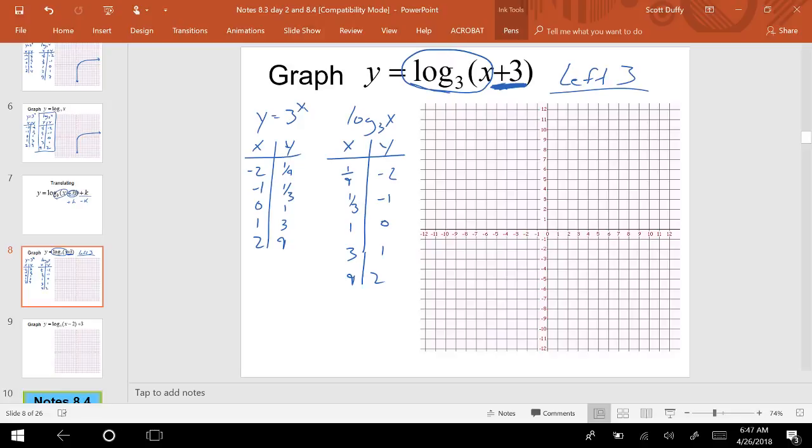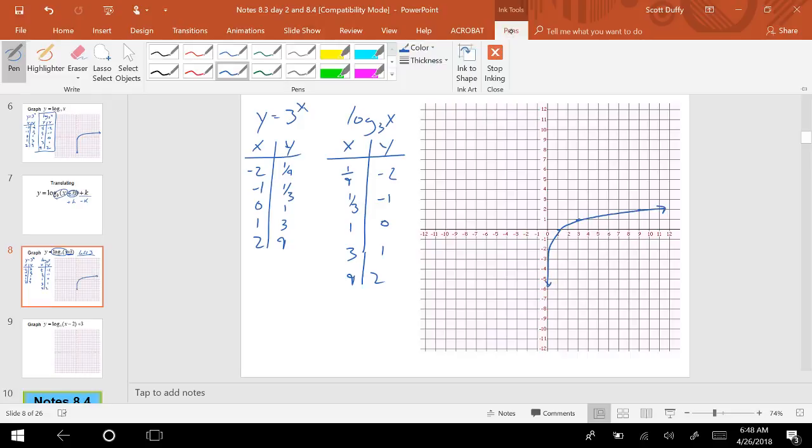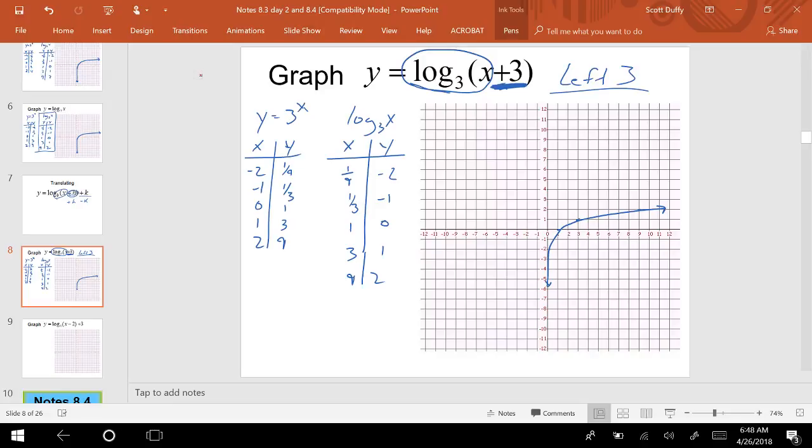What you could do is plot all these points and say, okay, I have 1/9, -2 right there, 1/3, -1, 1, 0, 3, 1, 9, 2. And then just say, alright, well, in a different color, I'm going to shift all of those points left 3. So I go to this point, I go left 1, 2, 3.